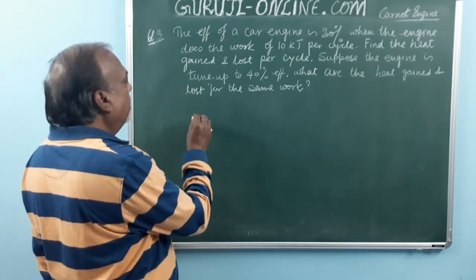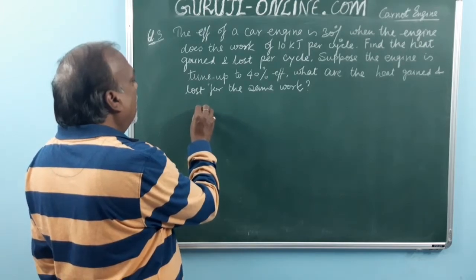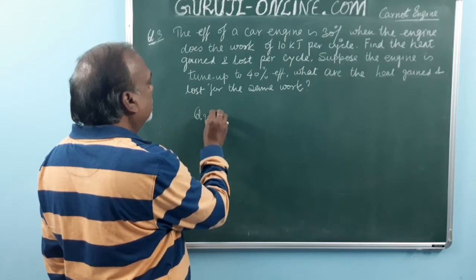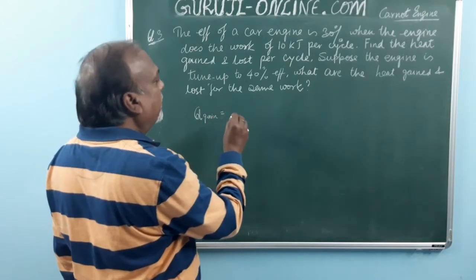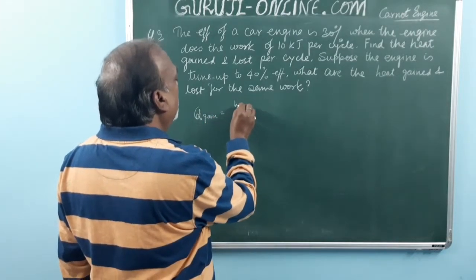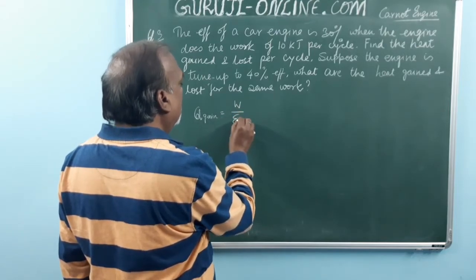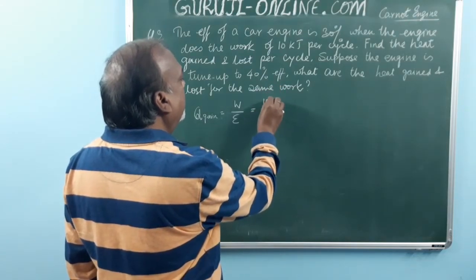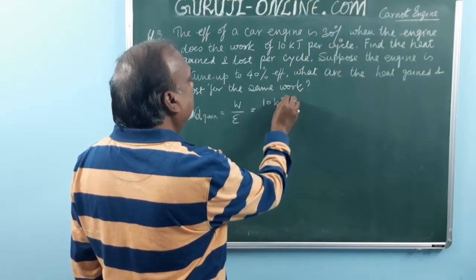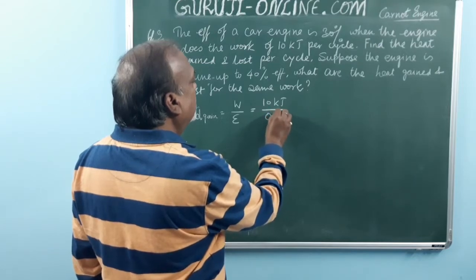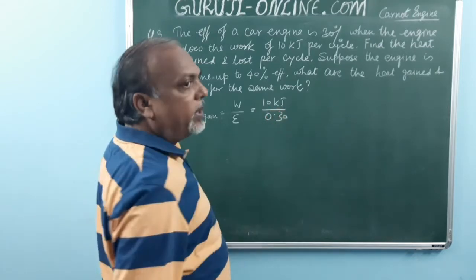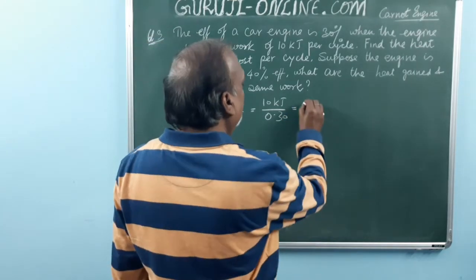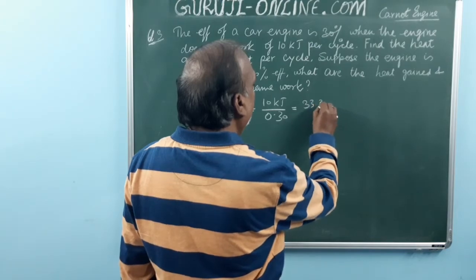So heat gain is nothing but W divided by efficiency. Here W is given 10 and efficiency is given 30%. So this will be nothing but 33.3.